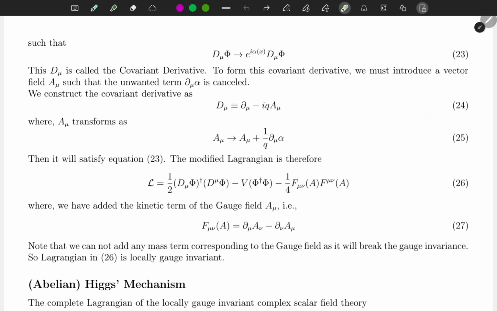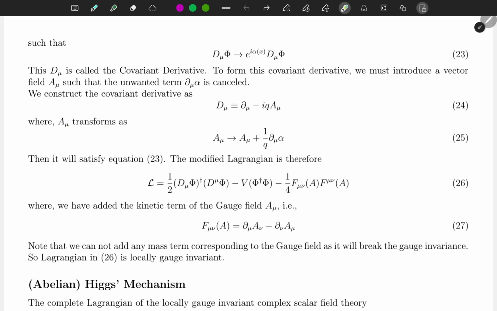So if we impose the theory to be locally gauge invariant, we must introduce a new gauge field. We are not doing it by hand, it comes through the theory itself if we invoke local gauge invariance.